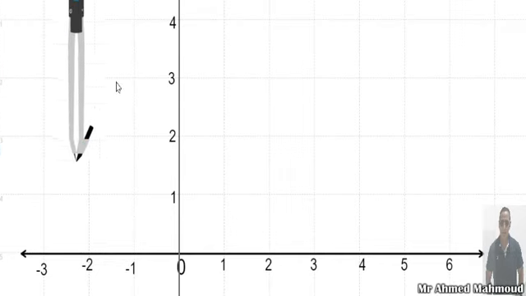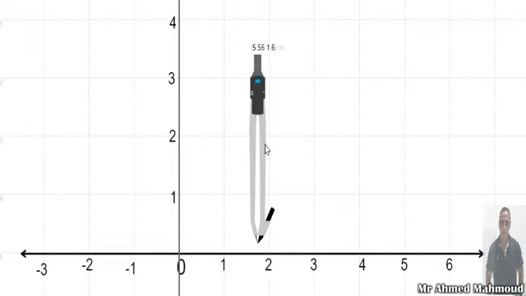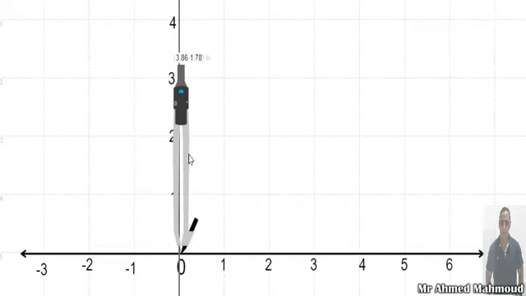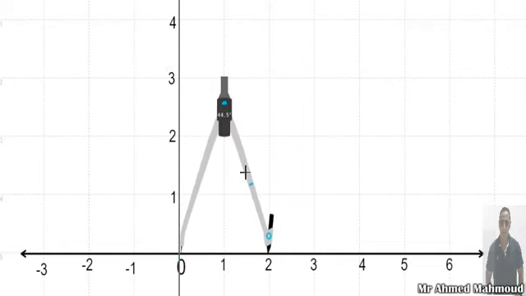I will bring the compass and open it 2 units. The measure of the compass is exactly the measure of the hypotenuse.